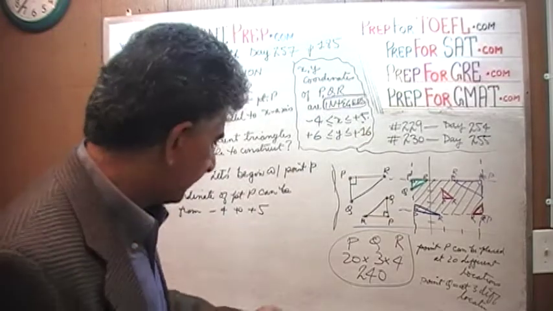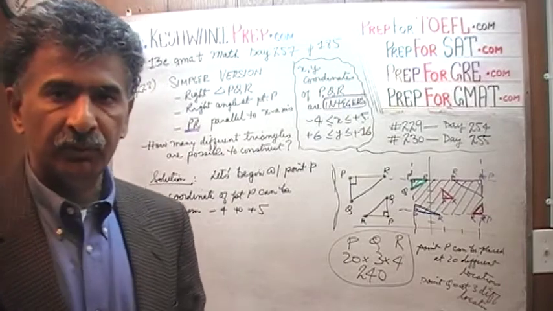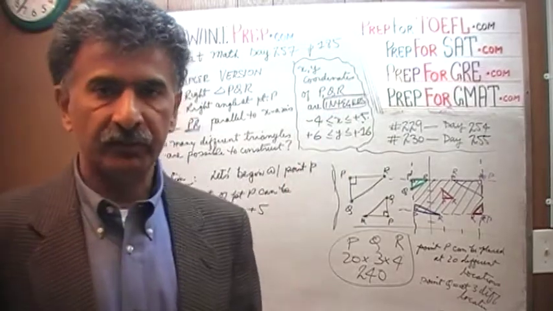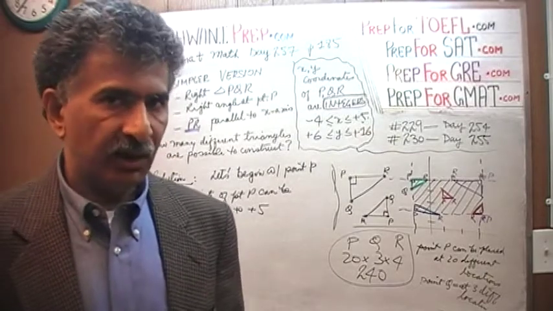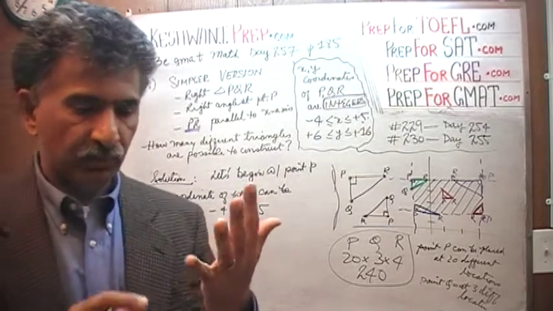How many possibilities are there? Now most people, here is exactly where they're going to make their first boo-boo. They look at -4, they look at +5, and they say there are 9 possibilities. Don't be lazy. Take a couple of extra seconds and actually count them, physically count them. So that's what I'm going to do.